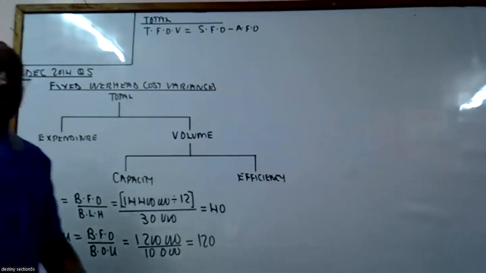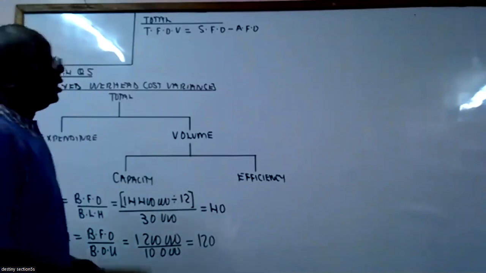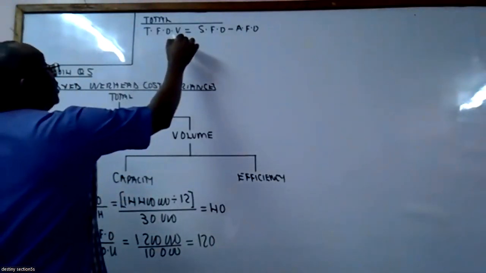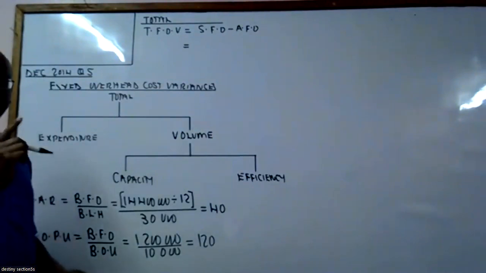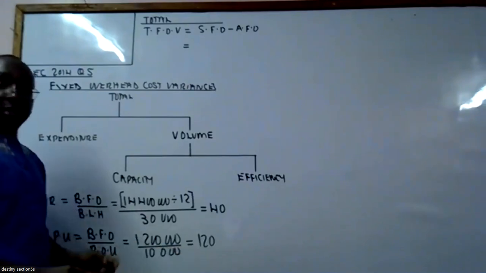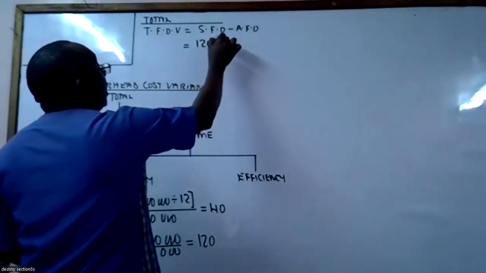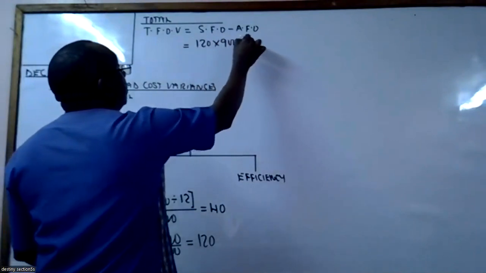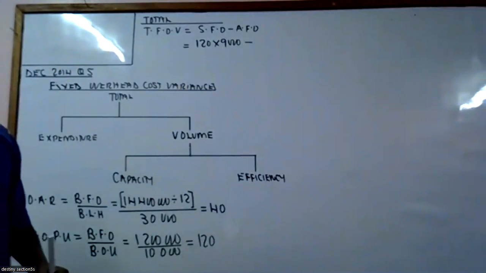That's the formula of getting the fixed overheads. So the standard, as you have been saying, you always get per unit according to the budget. This one, 120. Then you multiply by the actual output, which we have been saying is 9,000.